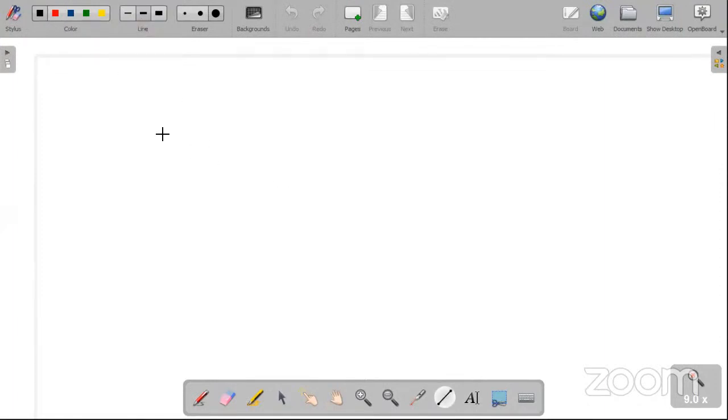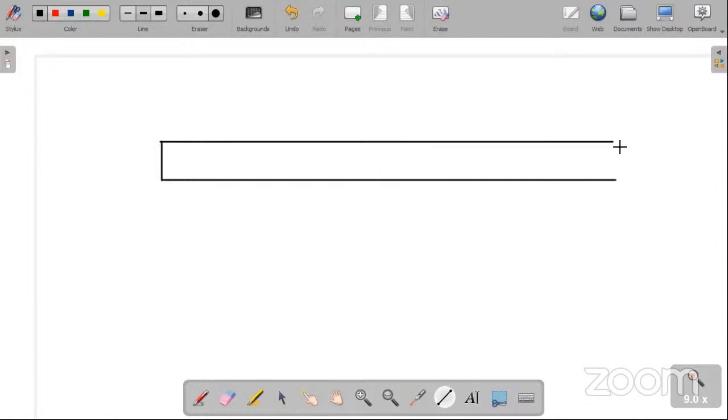So let's say this is a beam. And on this beam, we have some UDL, uniformly distributed load. I'll also ask you some problems on this.